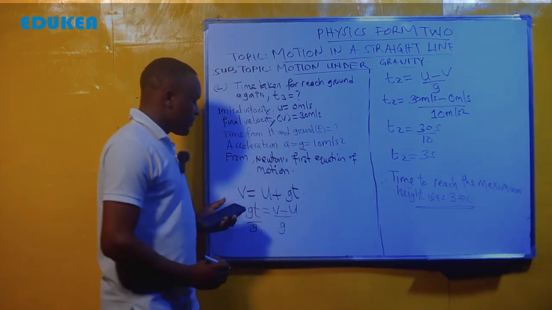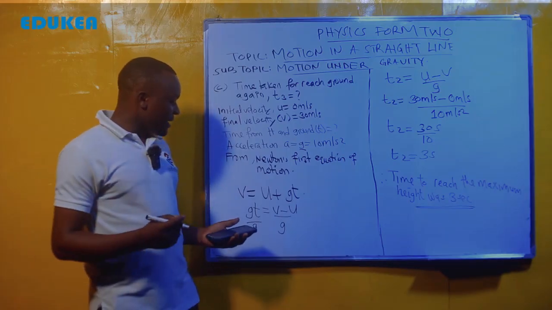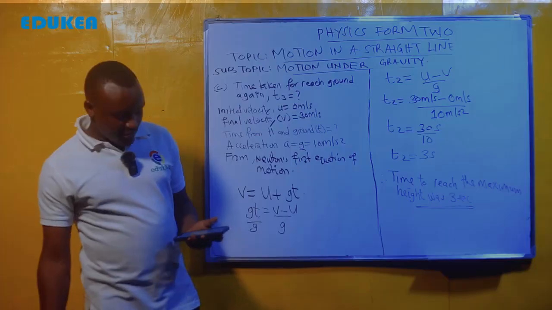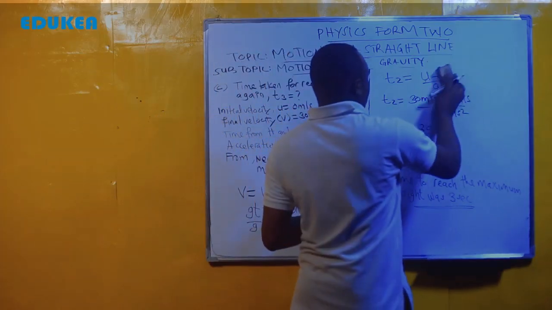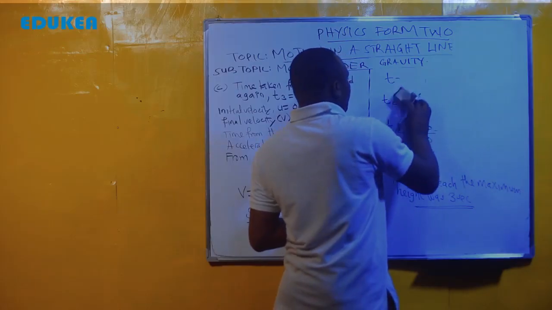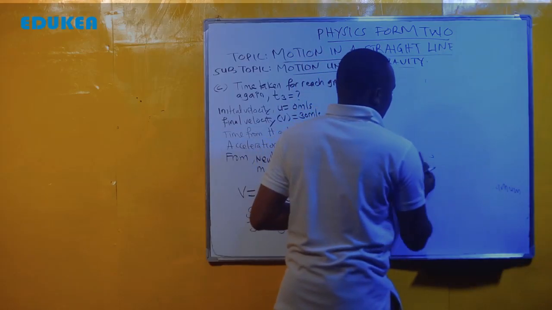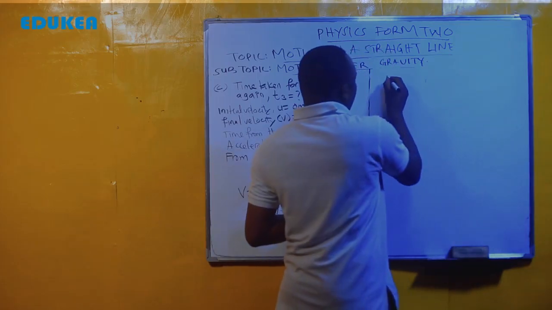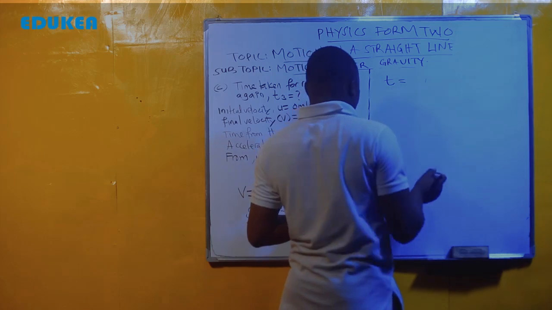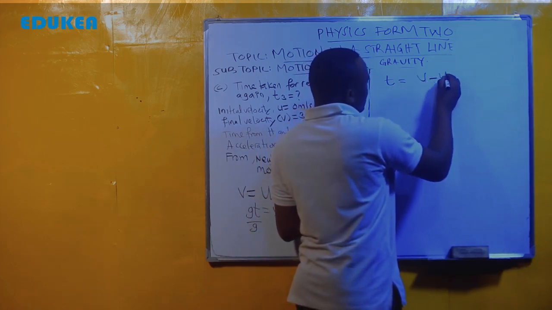So now to find the value of t, it will be equal to v minus u over g.